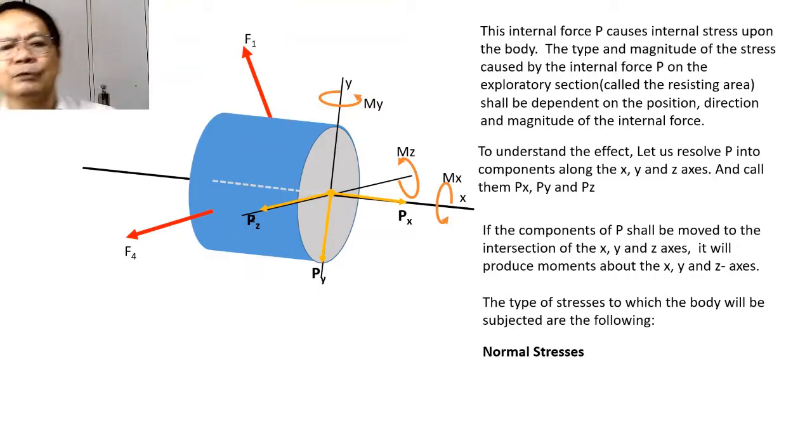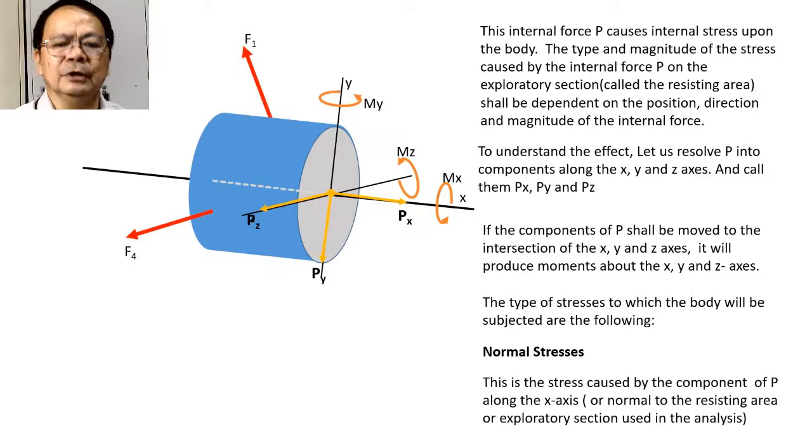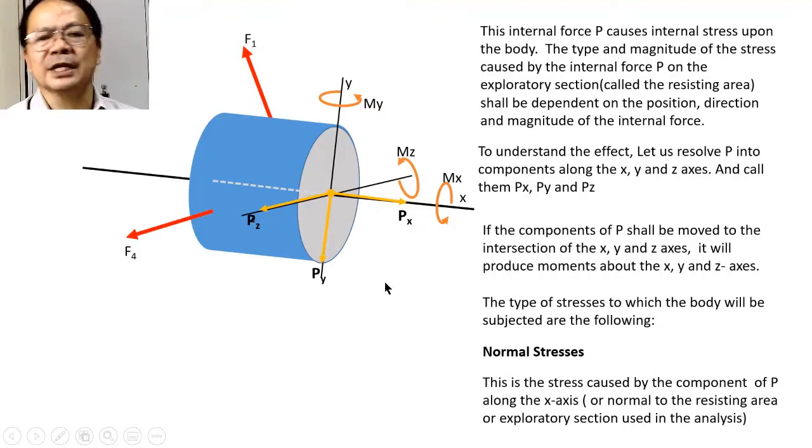Una, meron tayong tinatawag na normal stresses. At siya nga yung tinatawag nating normal dahil sa relation ng force na magkakos ng stress doon sa area na nagre-resist ng force.